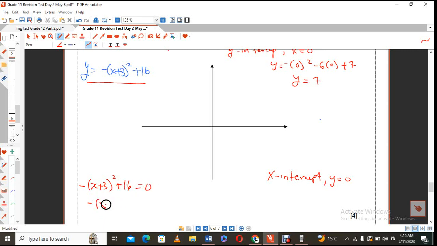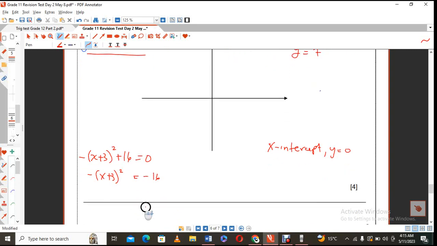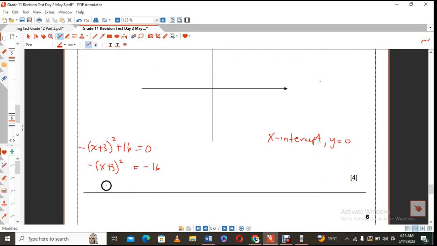Then it's minus (x plus 3) all squared equals negative 16. Then that leaves me with (x plus 3) all squared equals negative 16 divided by negative 1. (x plus 3) all squared equals 16.